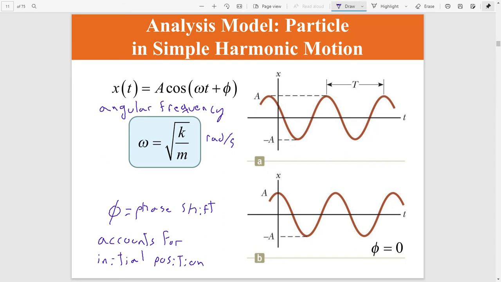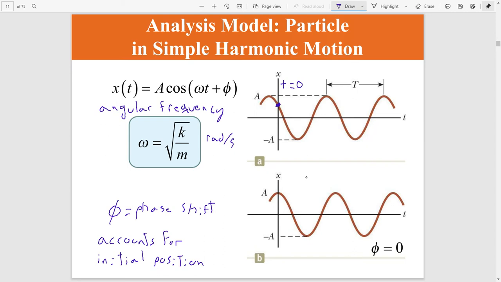So we have 2 graphs here on the right. The first one just shows, again, some position versus time graph for some spring block system. And you'll note that over here, the y-intercept, that's the starting point at t equal to 0. This means that the block starts off not quite at full amplitude.